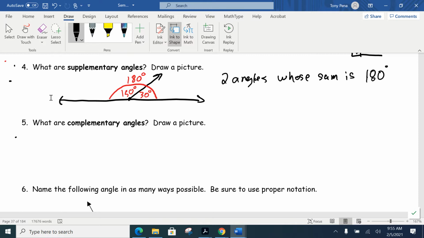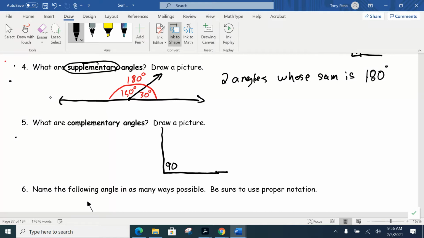Easy way to think of a 90-degree angle is when you're driving your car, most intersections are 90 degrees. It's a perfect T if you think of the letter T. So a 90-degree angle is like this. So that's 90 degrees if it's a nice T.